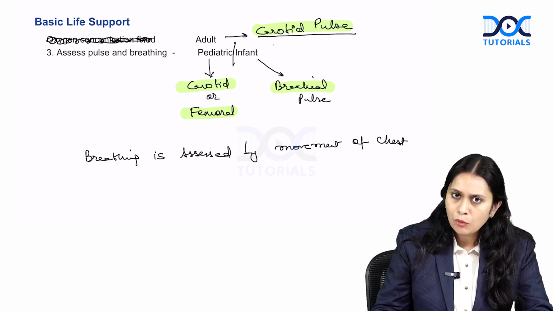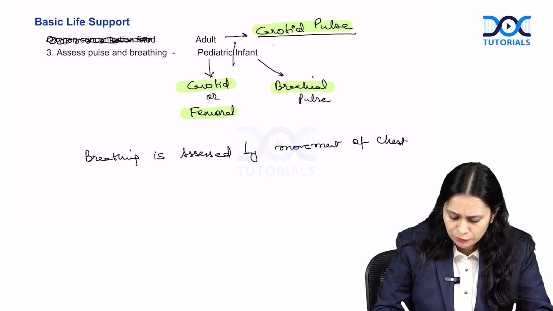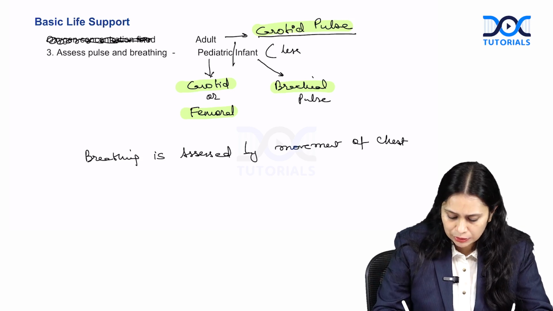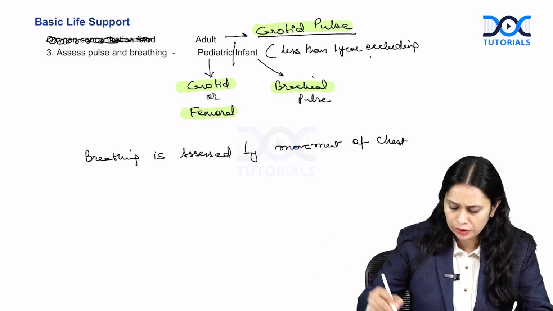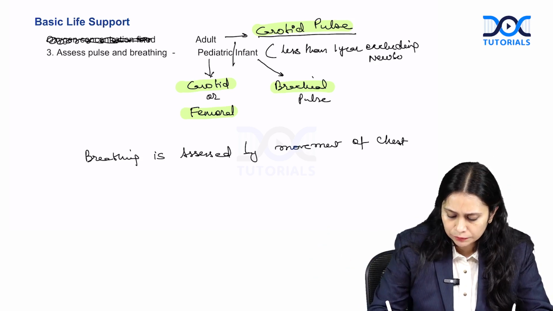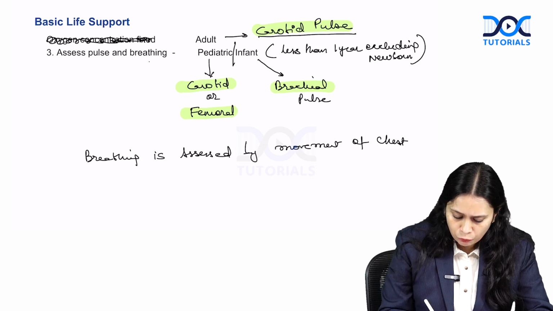So remember, you need to know the age definitions of these three also. Infant means less than 1 year, excluding newborn. Neonatal resuscitation is entirely different. Pediatric means 1 year to puberty.